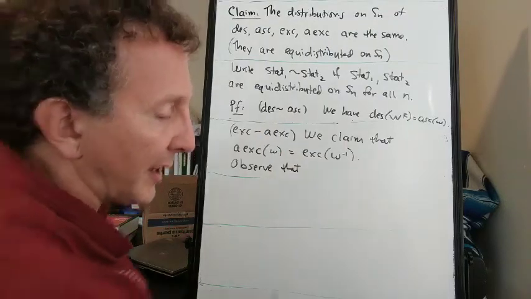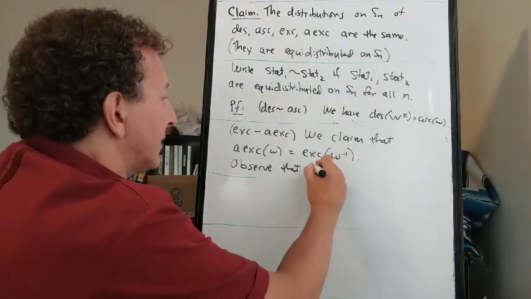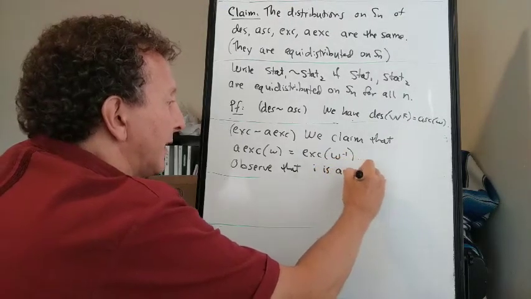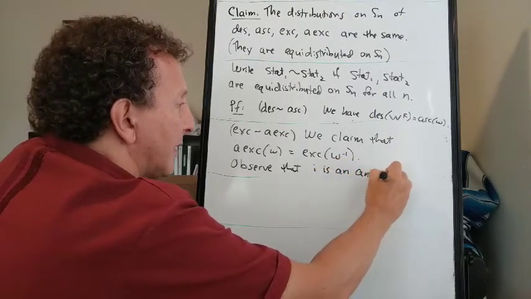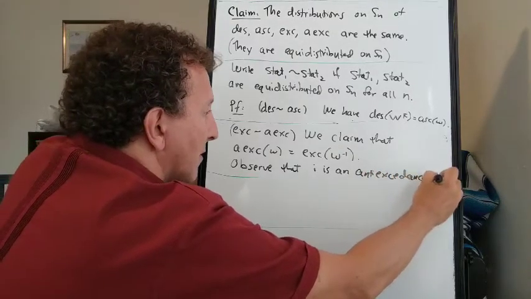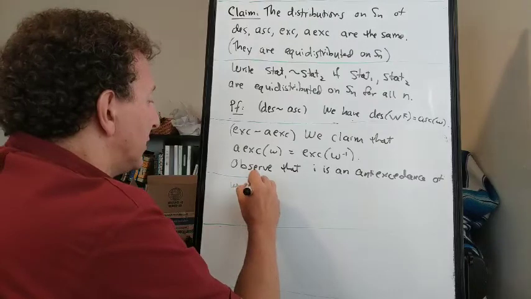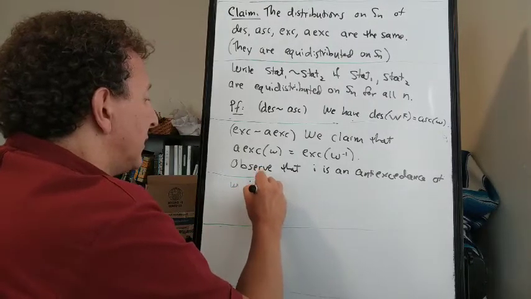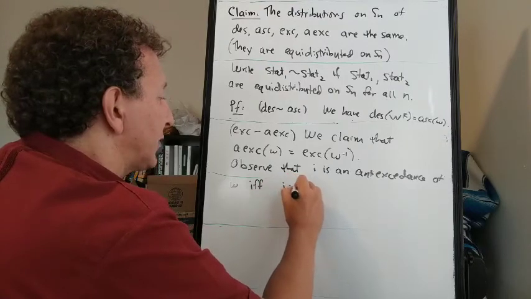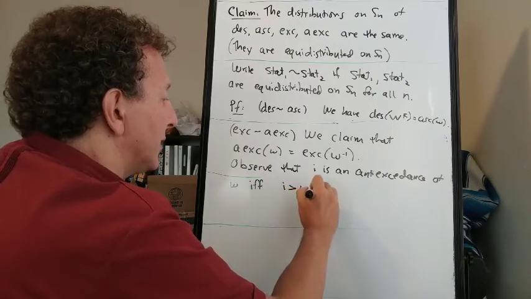So first observe that position I is an anti-exceedance of W if and only if I is greater than Wi.